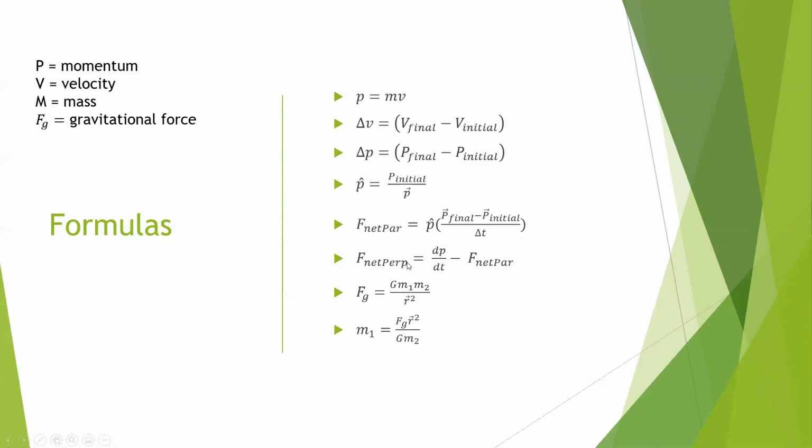F net perpendicular is equal to dp/dt minus F net parallel, and gravitational force is equal to G m1 m2 over magnitude of r squared. This formula down here is just the gravitational formula rearranged so that it solves for m1 instead of Fg. And these are all of the variables here.